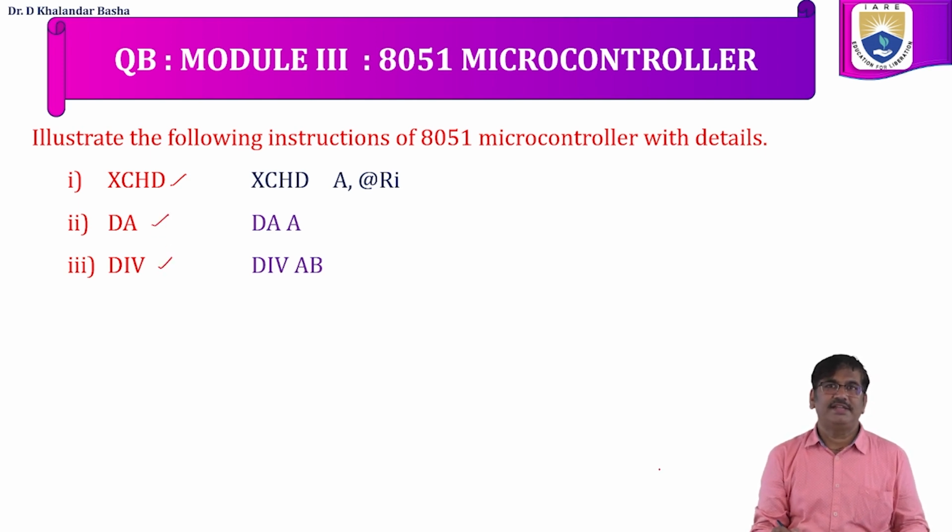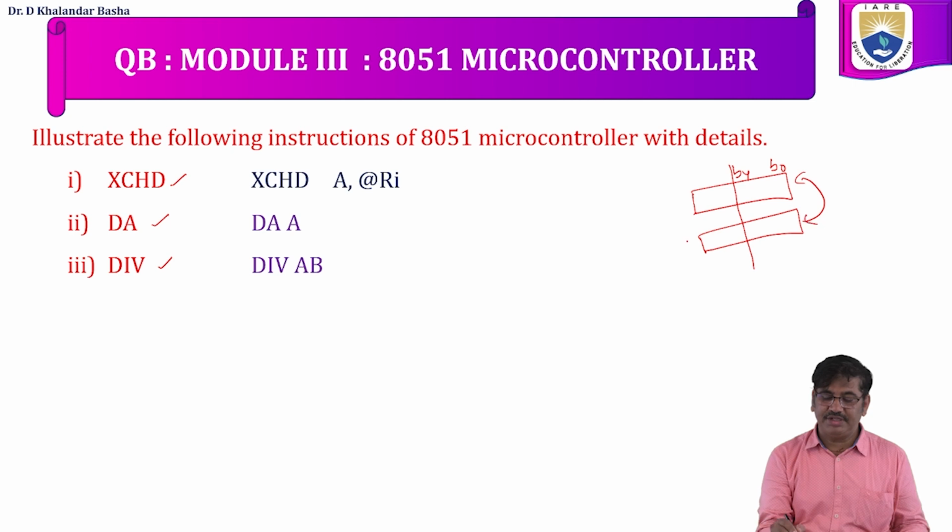So XCHD is exchange digit, that is exchange the lower nibbles of a byte. If you have data between two operands, the exchange of the digit is nothing but the lower 4 bits, that is B0 to B3, will be exchanged between these two operands, operand 1 and operand 2.